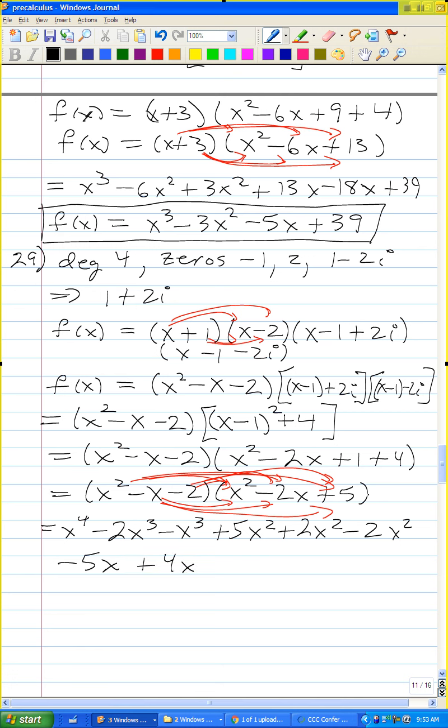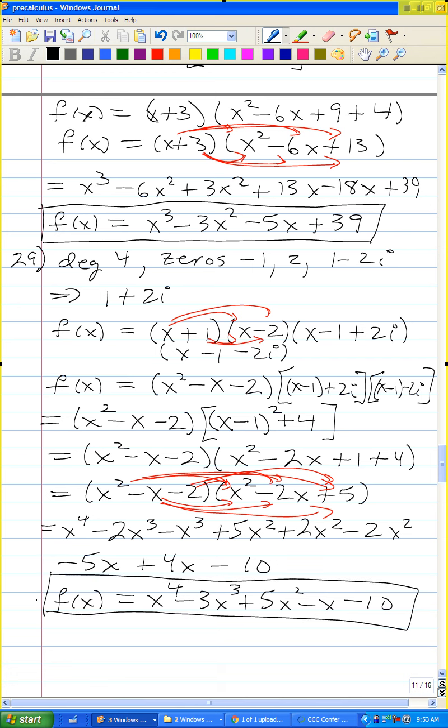And then lastly is the constant minus 10. Okay, and so I get f of x, combining like terms now, f of x is equal to x to the fourth minus 3x cubed plus 5x squared minus x minus 10. And that is your answer.